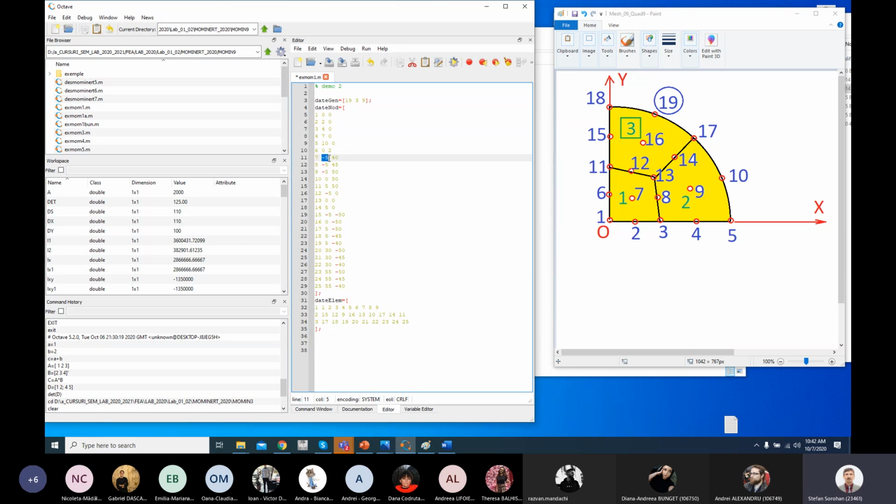Node 7, also 0 and, oh no, node 7 is somewhere here. We can take 2 and 2. Node 8 is somewhere here. This one is 4, so maybe 4 and 2.